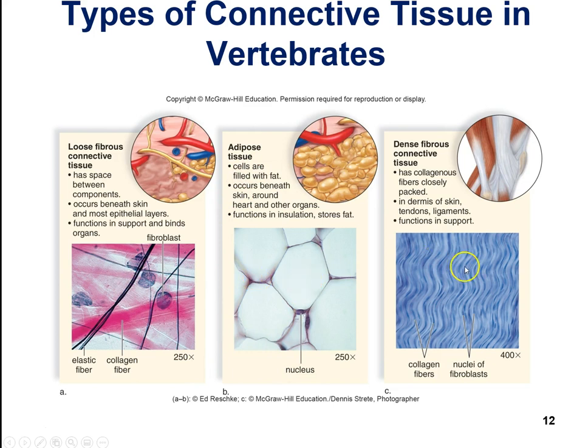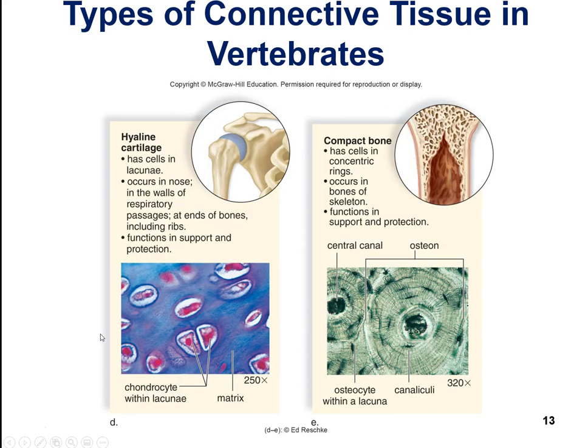Again, be able to identify. I told you to be sort of less concerned with identifying specific things in each picture, but I did say that we should know, like, this is a cell, a fibroblast cell. These are fibers, just based on the shape, right? The thicker ones are collagen, the thinner ones are elastic, okay?